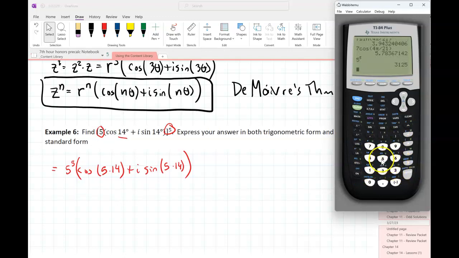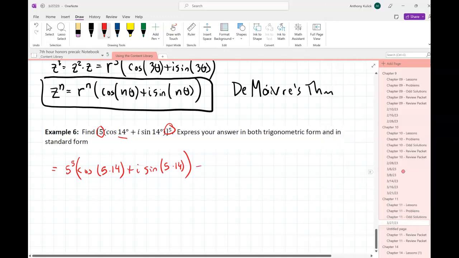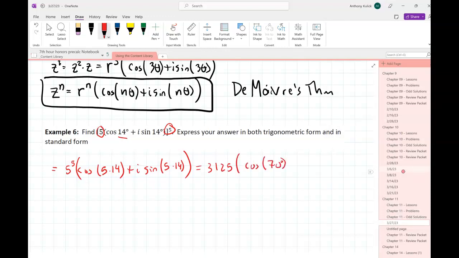There you go. And 5 times 14 is 70, but I'll type it in my calculator just to be sure. So there's my trigonometric answer. Boy, that was a heck of a lot faster than doing 5 FOILs, wasn't it?